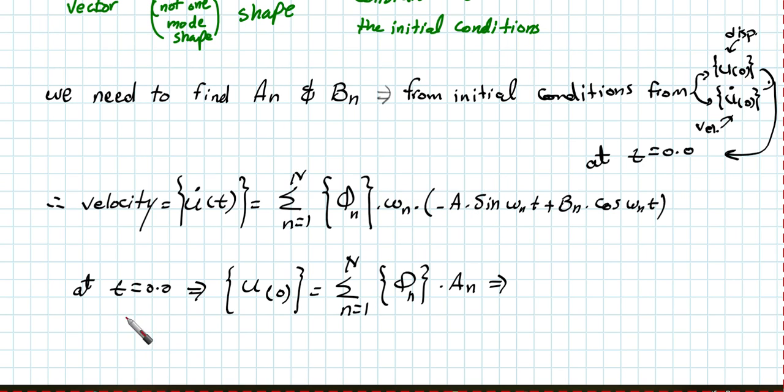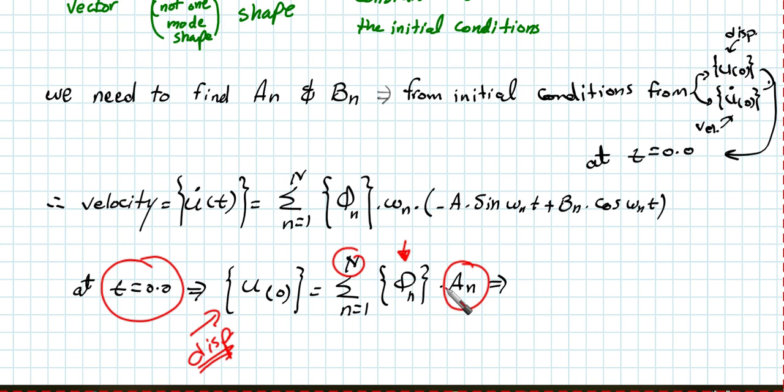Now at t equals 0, u of 0, which is the displacement vector, we are going to find that the summation is from n equal to 1 to N, the modal amplitude vector times an, right?